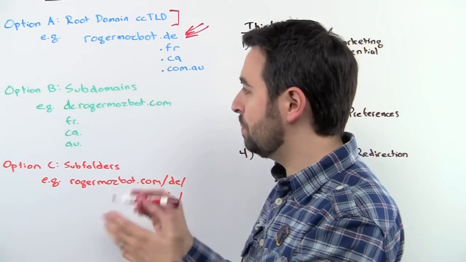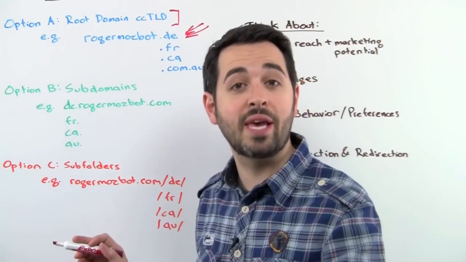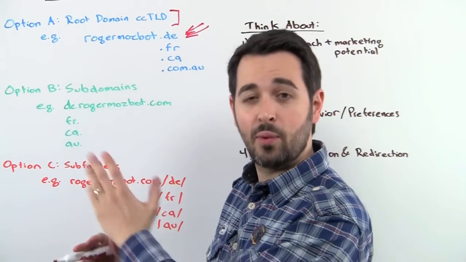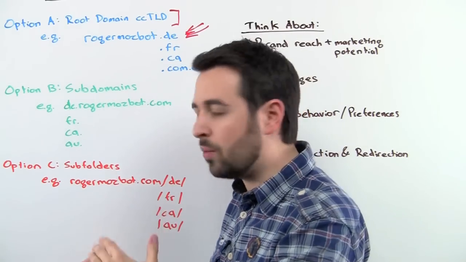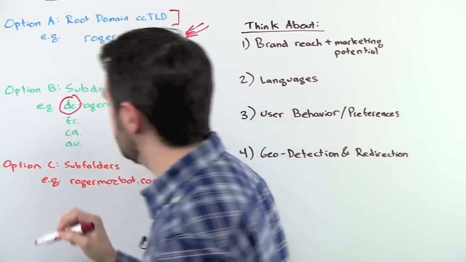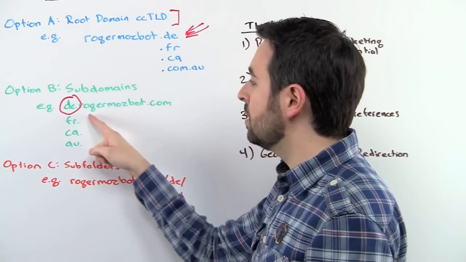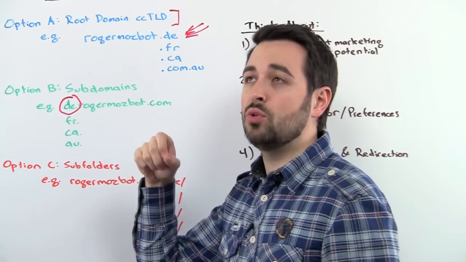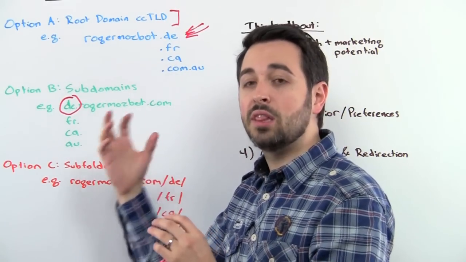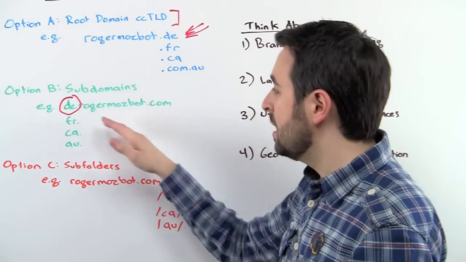So option B, of course, being subdomains. You can see Wikipedia doing this, right? They have en.wikipedia.org, de.wikipedia.org. So you use that subdomain to segment out the visitors and/or to segment the language and country targeting.